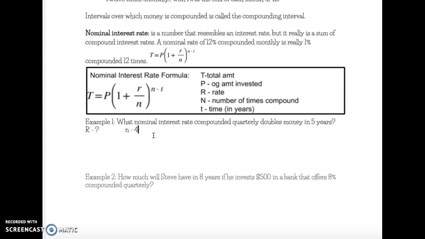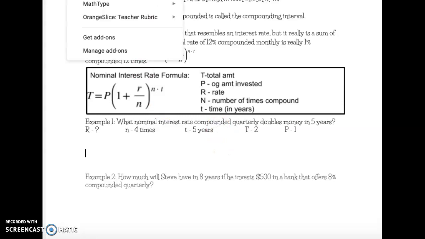So the number of times something's being compounded is 4, quarterly in a year, so 4 times. My time is 5 total years, and I know that my total amount is just going to be 2 times whatever my principal amount is. So I'm going to leave my T as 2 and my P as 1. That tells me that it doubled, but it doesn't give me huge numbers to work with.